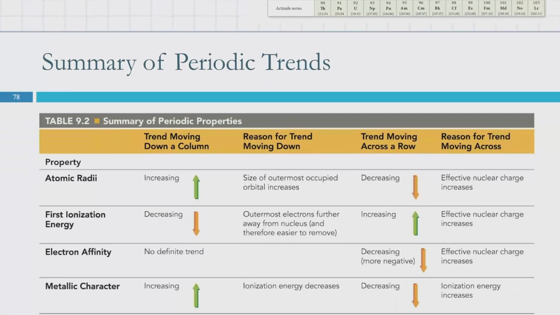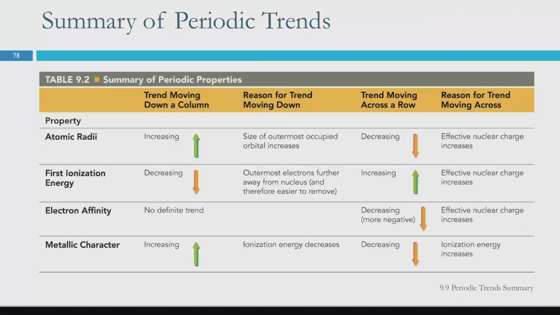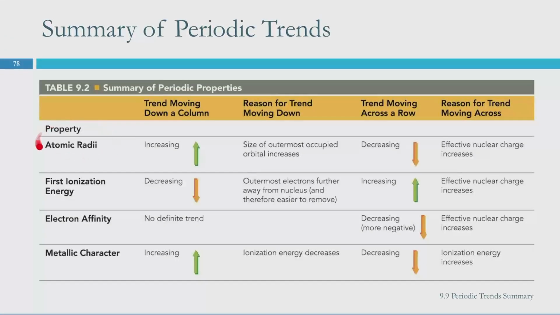Okay, a summary of our periodic trends. We talked about atomic radius, first ionization energy, electron affinity, metallic character. There's not a super clear electron affinity trend for moving down a column. For the other ones there was, and we did have a trend for electron affinity moving across a row.